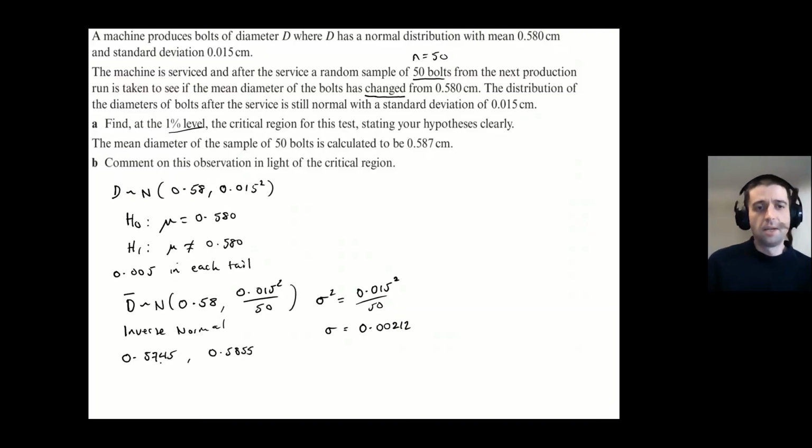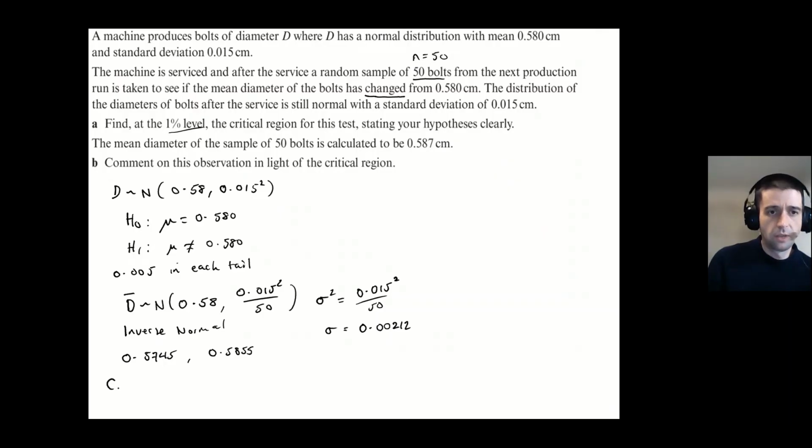So what this means is that if I do my test and I get a mean of less than 0.5745, I'd be rejecting the null hypothesis that the mean is 0.580 because it's too low. And if I got a value above 0.5855, I would be rejecting the null hypothesis because that value would be too high, and would suggest that the mean has increased.